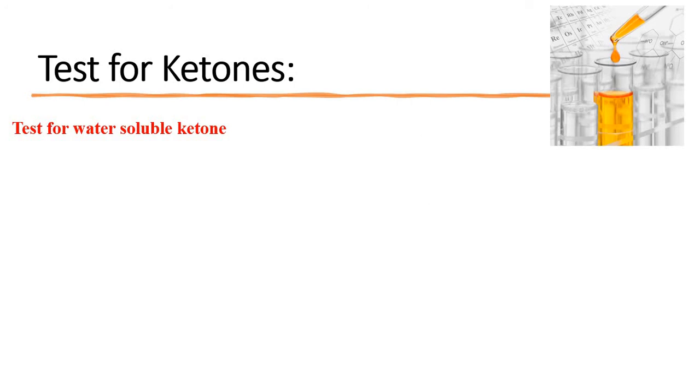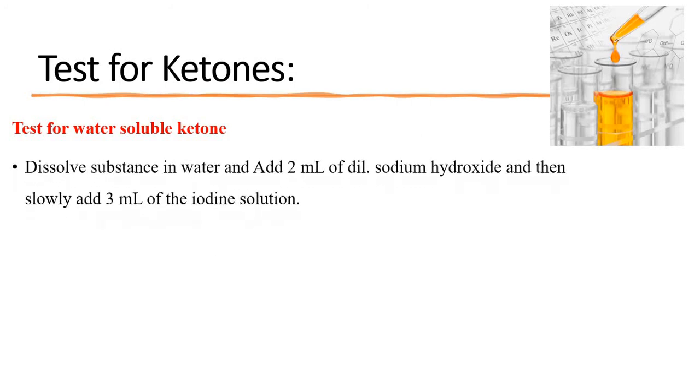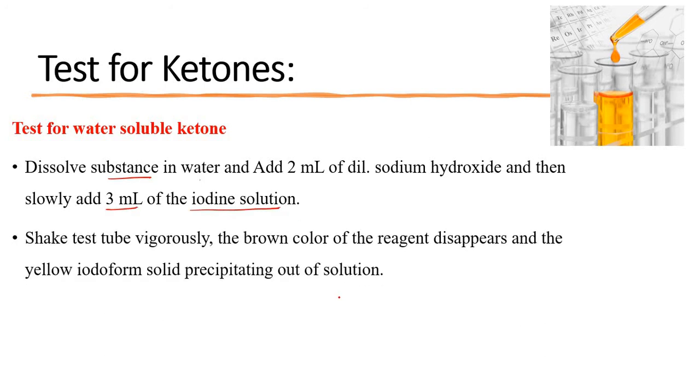For a water soluble ketone, you have to dissolve the given ketone compound in water and add 2 ml of dilute sodium hydroxide, and then slowly add 3 ml of iodine solution. You have to shake the test tube vigorously. Then the brown color of the reagent disappears and the yellow iodoform solid precipitates from the solution.